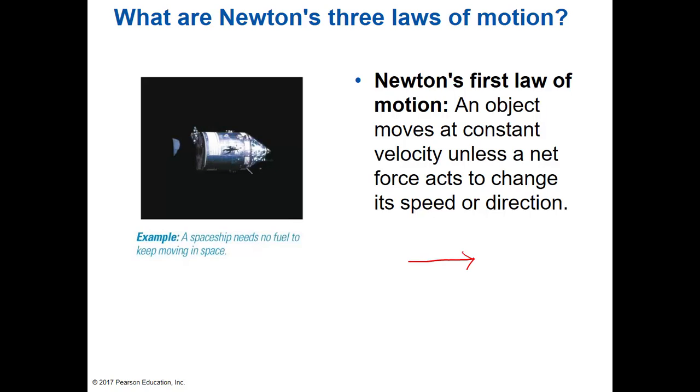And if a particle is at rest, it will be at rest until some force acts on it. That means if I'm moving at 50 miles per hour, I will keep moving at 50 miles per hour until some force acts on it. If there is no force, I will keep moving.